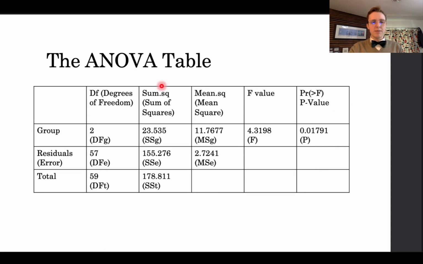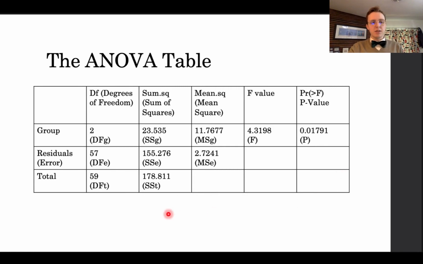The reason the table is set up this way is so that you can do something like go to group, go to mean square, and then go down to mean square group. Now, the F value and the P value, they don't really work like this. They're just sort of on the side here doing their own thing.